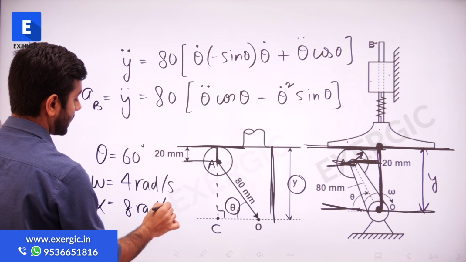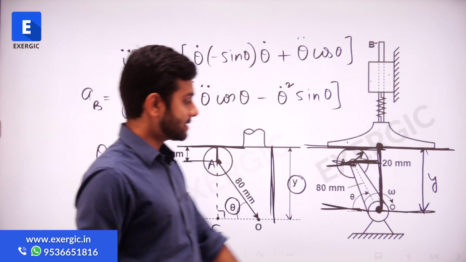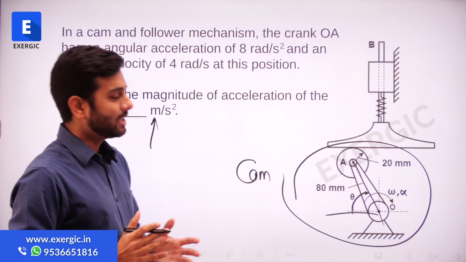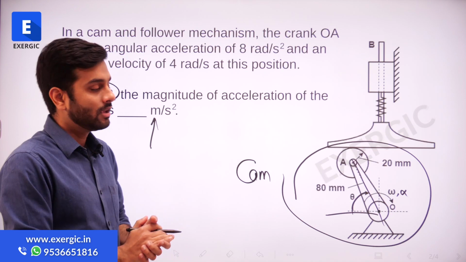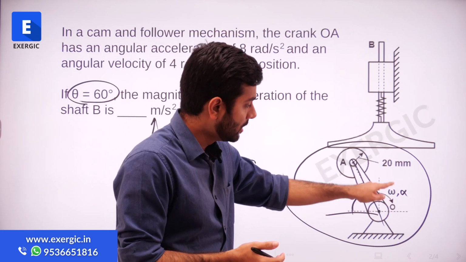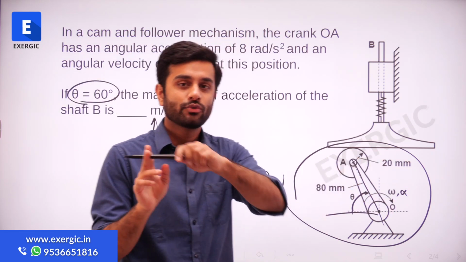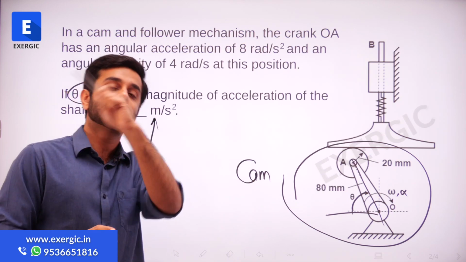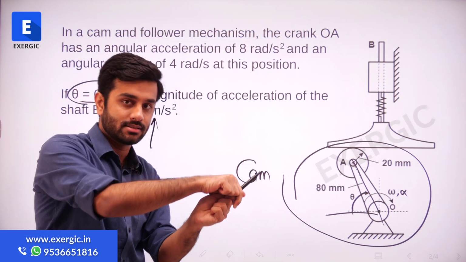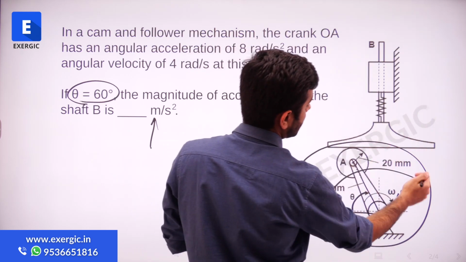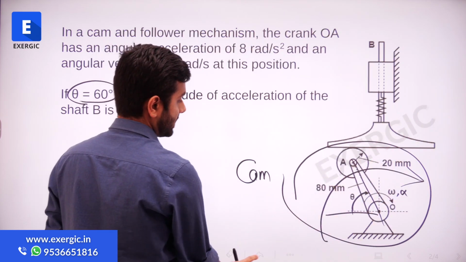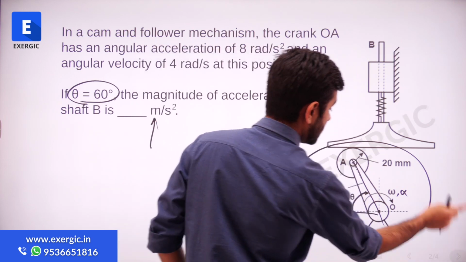Please note, you have to be careful about the direction. Since this question did not mention anything about acceleration or deceleration, and just this arrow is shown with omega and alpha mentioned, we believe both of them are going to increase in this direction as it is rotating like this. So theta, omega and alpha are all increasing in this direction when the value of theta is 60 degrees. So we know these values now.